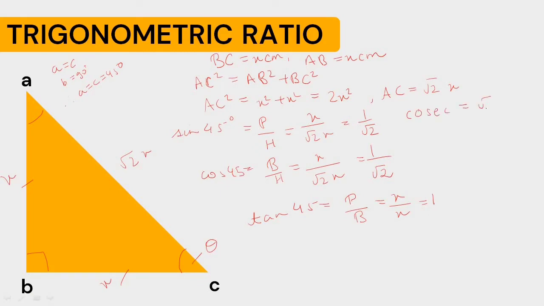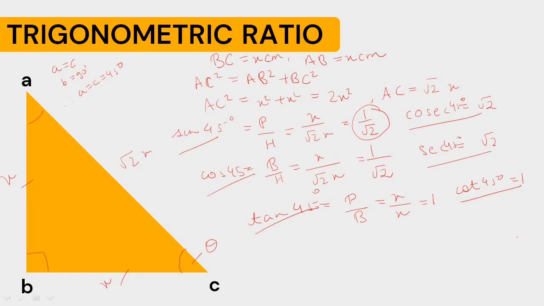So it will come root 2, the inverse of 1 by root 2. The inverse of cos is sec, which will come root 2 for 45 degrees here also. Cosec 45 will again come root 2, and cot 45 degrees will come 1. So we see that we have 6 values with us.